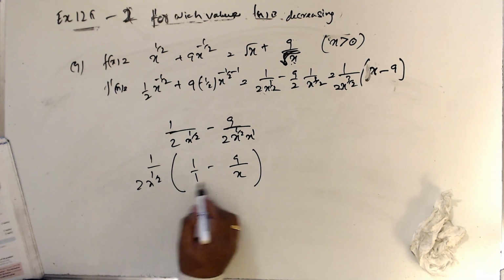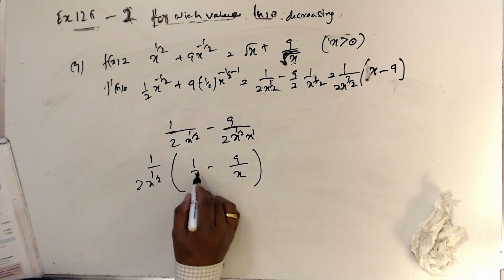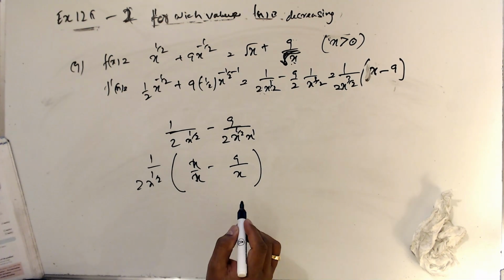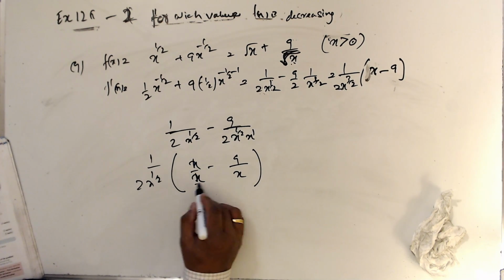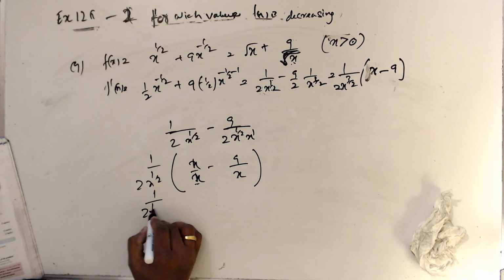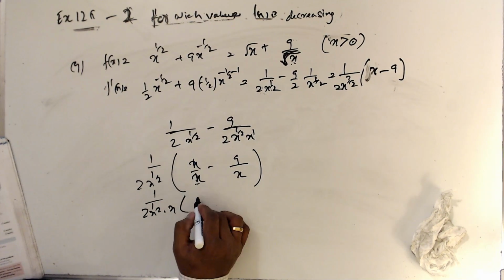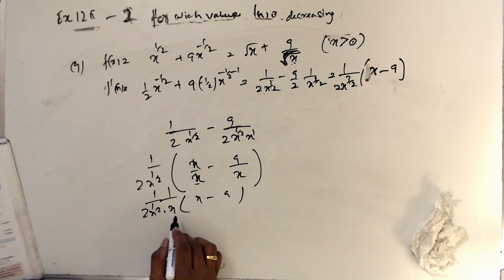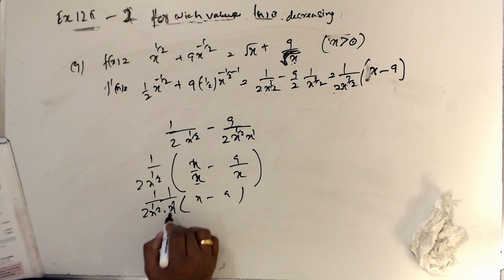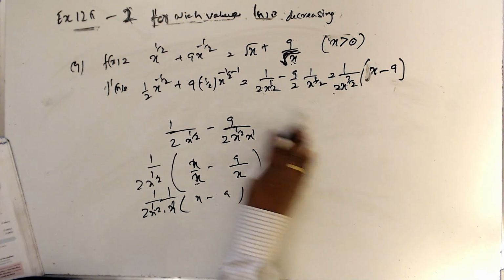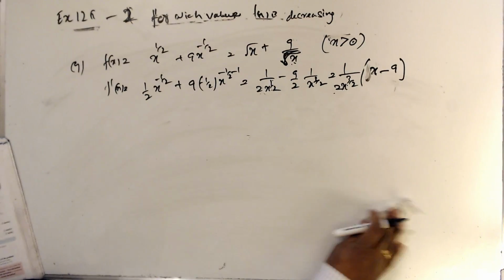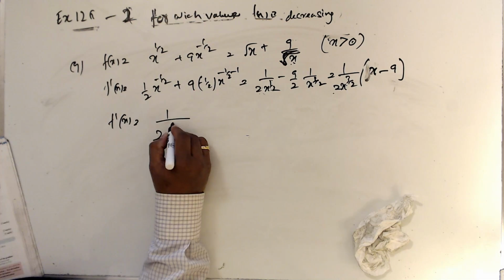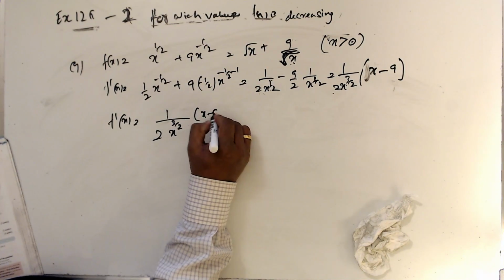Then I want to take x out, so I will make it like this. x divided by x is also 1. Now the denominator is the same. So then 2 x to the half times x, then x minus 9 remains on top when I take x out. So this becomes 2 x to the 1 plus 1 half, 3 over 2. Now f dash x equals 1 over 2 x to the 3 over 2 times x minus 9.